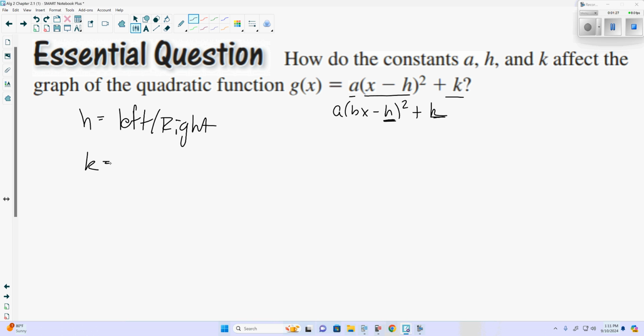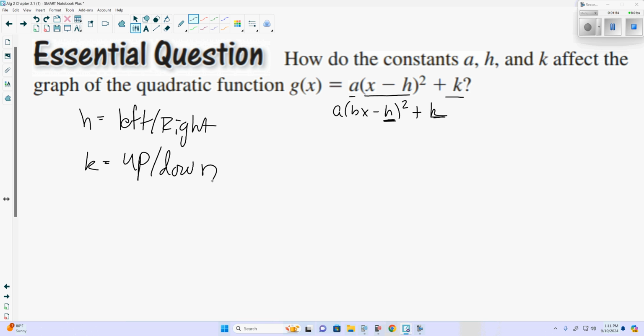Our k value is our up or down. And the nice thing with k being up or down is exactly what it looks like. So if we have plus 3, it's up 3. If it's minus 7, it's down 7.